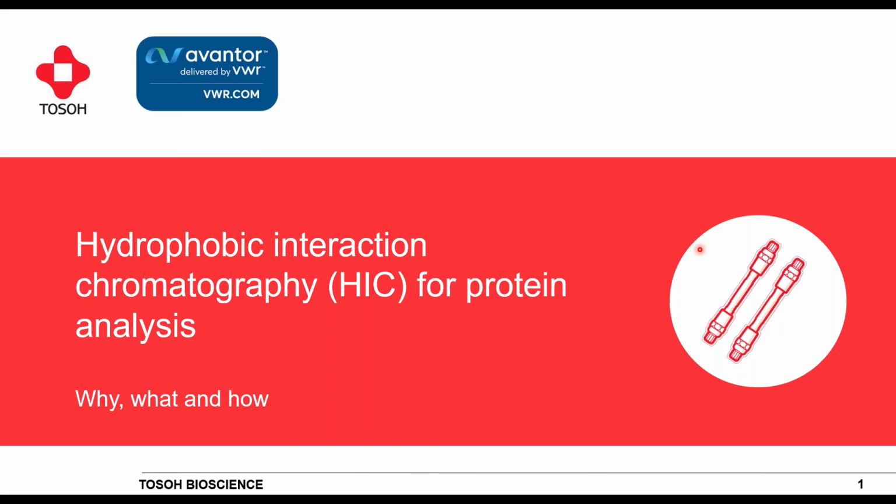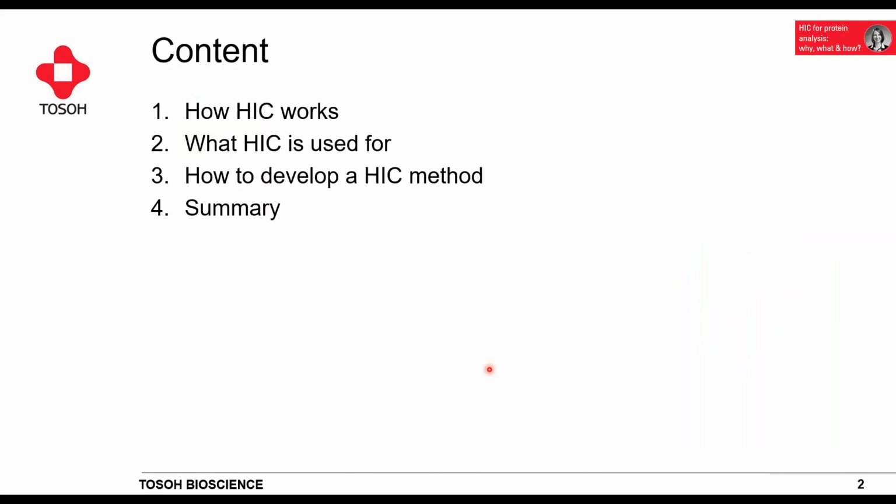The topic will be hydrophobic interaction chromatography, and it is a topic that can do some promotion because it's a very versatile method, as we will see in the next 30-35 minutes. Just a small reminder of what we will hear. I will give you an overview on how hydrophobic interaction chromatography actually works.